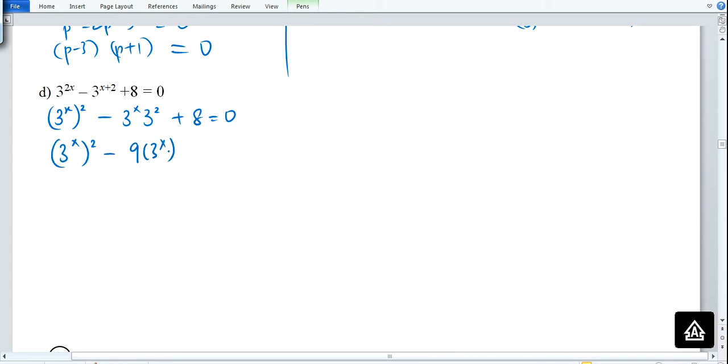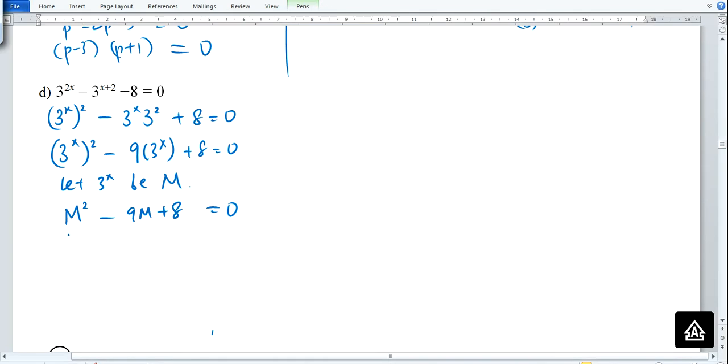If I just do a little simplification, it will be easier to see. Let 3 power x be any variable. Don't use x again, because you have used x already. So I'm going to use n here. So n squared minus 9n plus 8 equal to 0. I've replaced all the 3 power x.